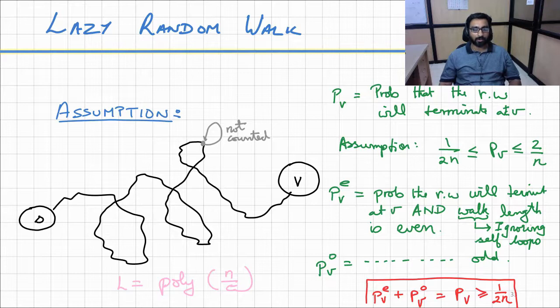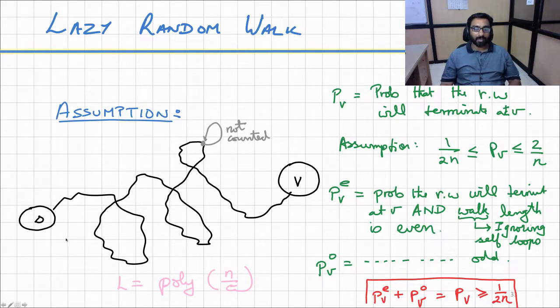So what we're going to do is break up PV into two parts. PV with a superscript E refers to the probability that the random walk will terminate at V, and the walk length, not the number of steps taken by the random walk, but the walk length obtained by ignoring the self loops, is even.